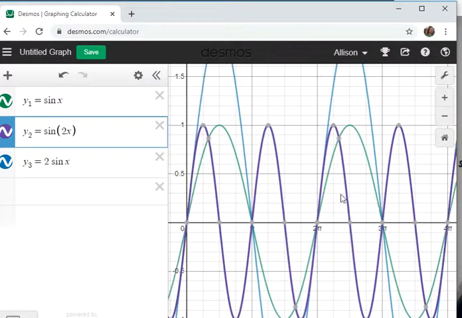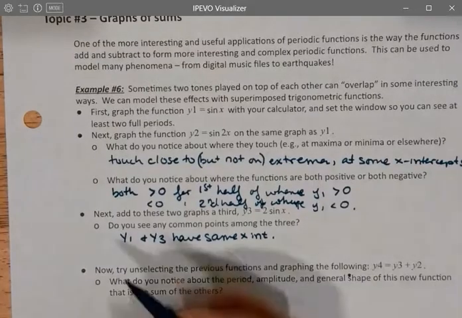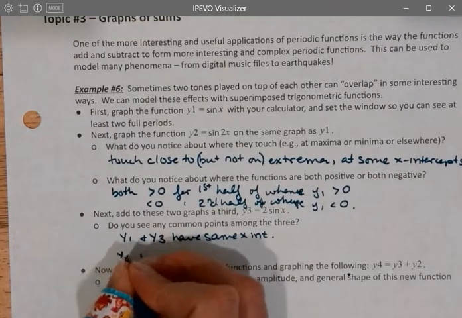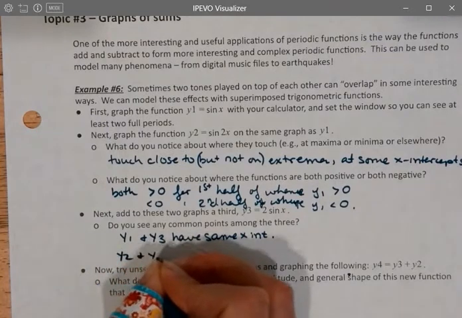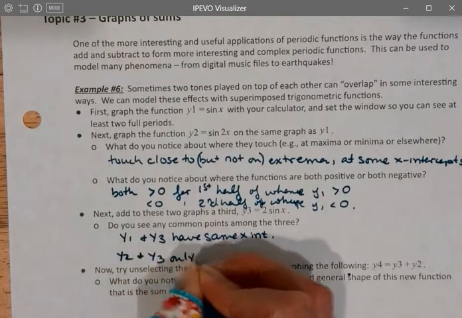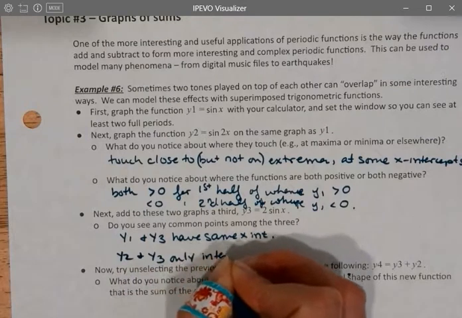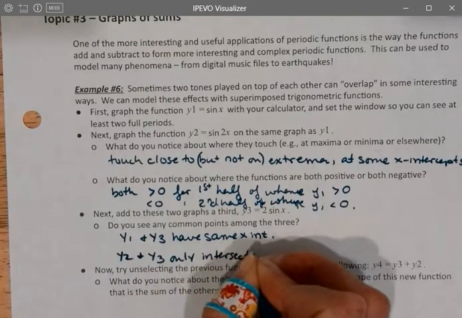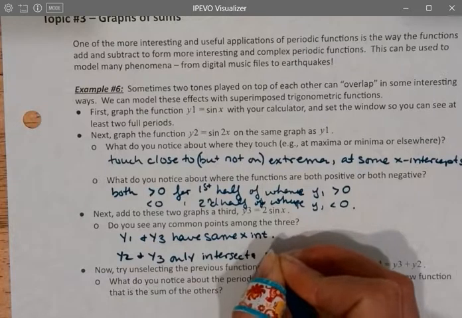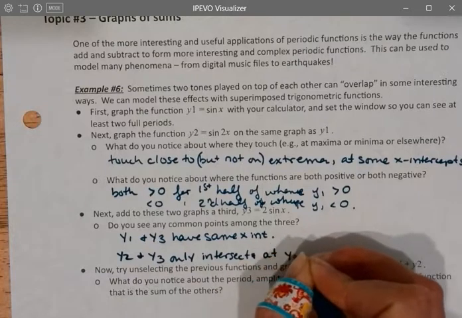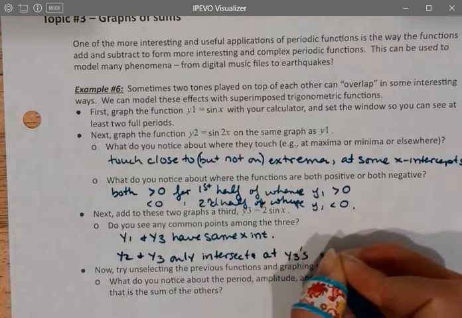So y2 doesn't intersect y3 anywhere except the x-intercepts, and it's every x-intercept of y3, but every other of y2. So we'll just make a note that y2 and y3 only intersect at y3's x-intercepts, because those are the common points.